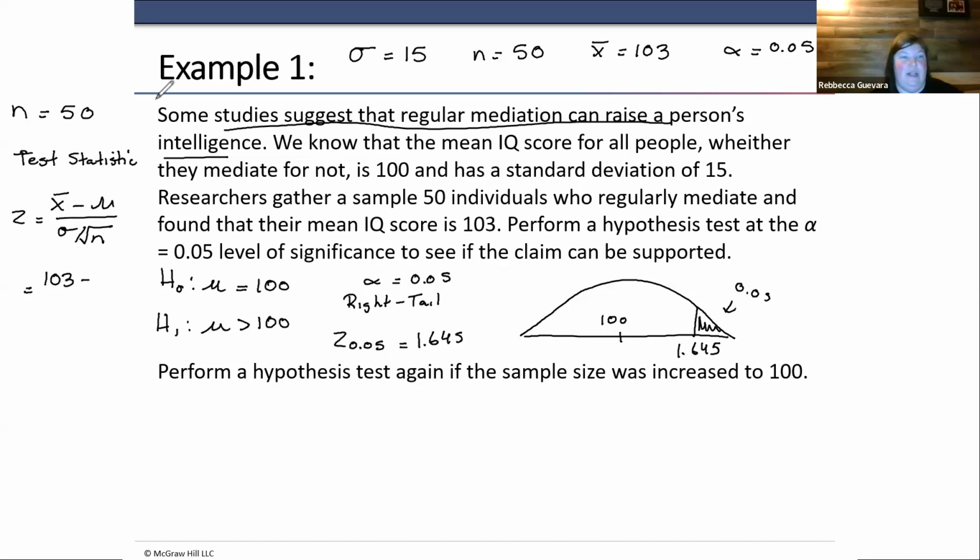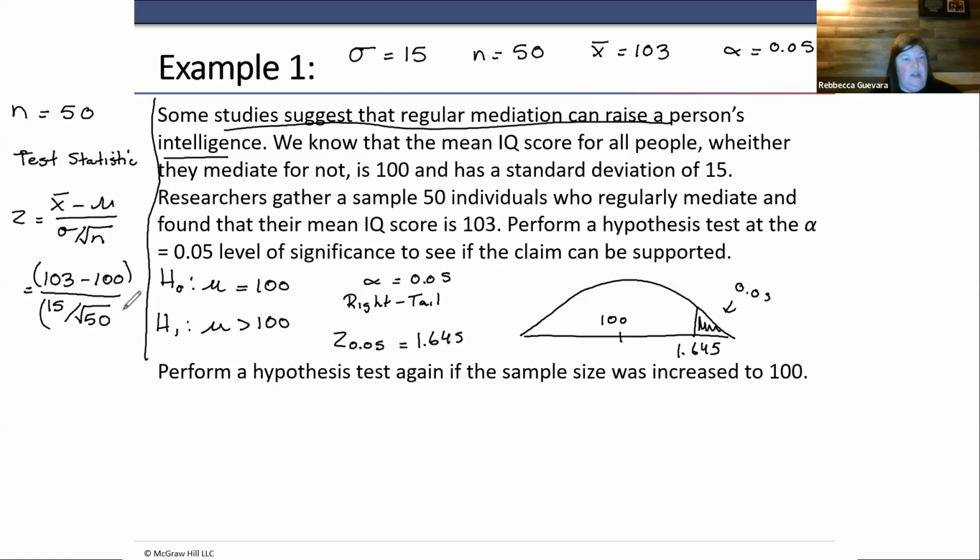This hypothesis test tells us that what we expect is that it's really just 100, because that is the claim. Well, it's not 103. What it should be is really just 100. The standard deviation of all IQs is 15 divided by the square root of my sample size, which is 50.